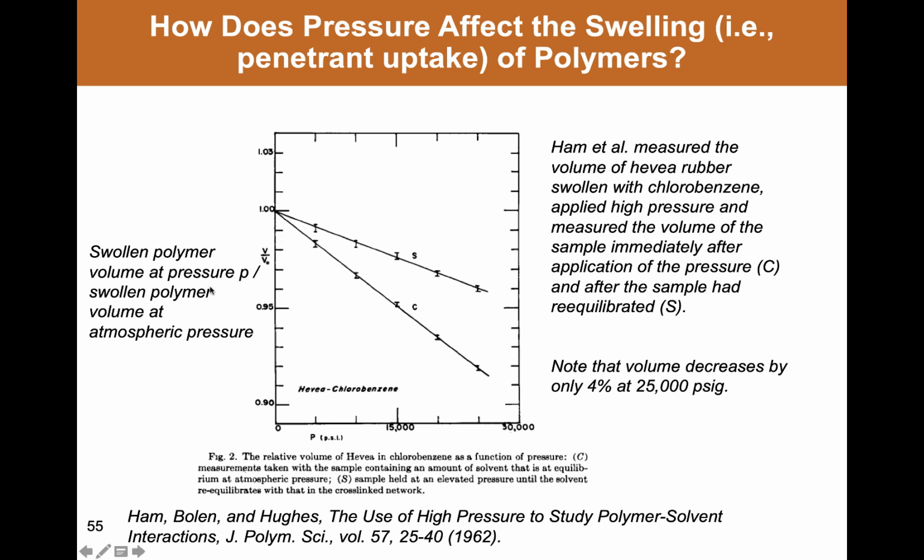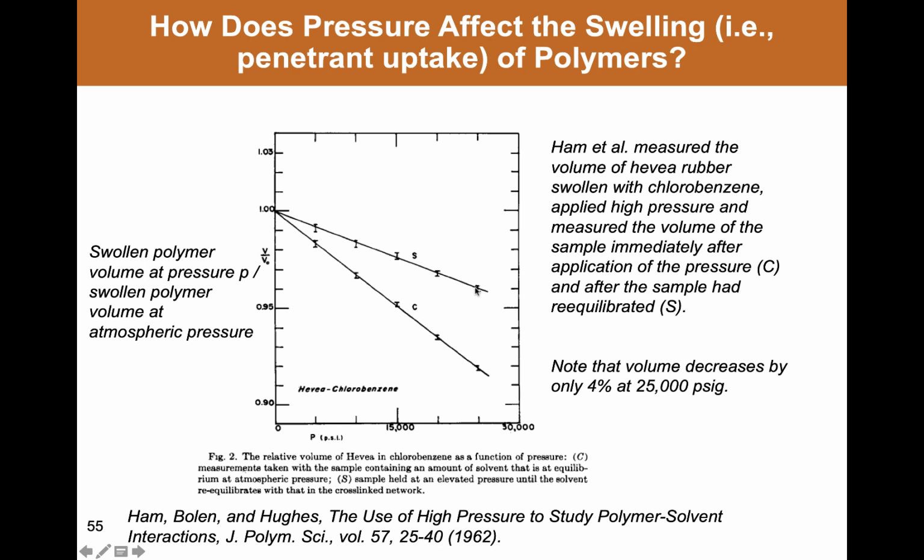And we turn to the work of Ham, who measured the swollen polymer volume at a pressure P relative to its volume at atmospheric pressure, and they applied really enormously high pressures, going up to 30,000 psi in this case, and noted that in the case of rubber swollen with chlorobenzene, as the pressure went up, the volume of the sample decreased, but it decreased only slightly.